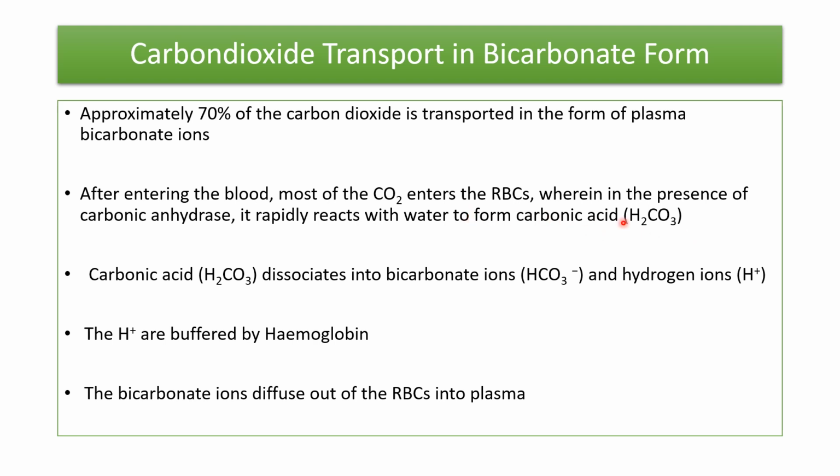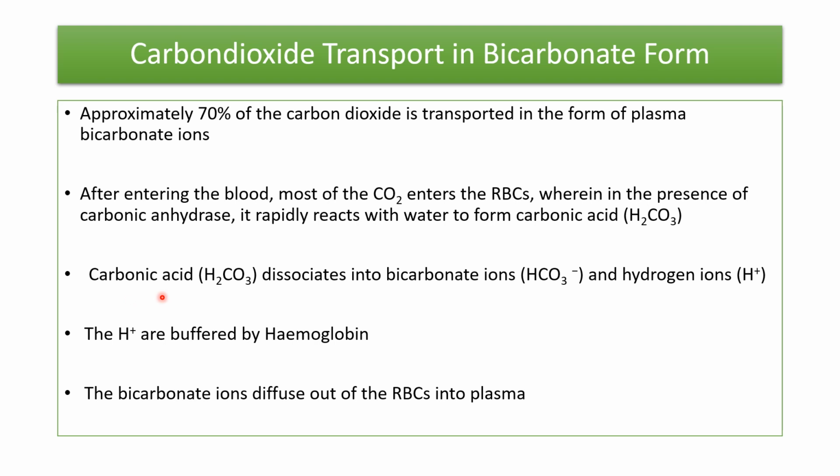Do remember that this reaction occurs due to the presence of carbonic anhydrase in the RBC. This carbonic anhydrase catalyzes the reaction between carbon dioxide and water and accelerates it about 5,000-fold as compared to plasma, where it takes place and takes more time.